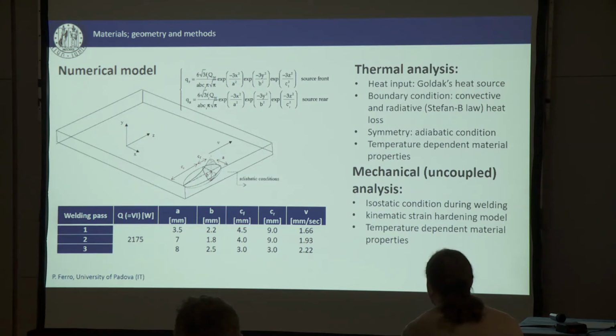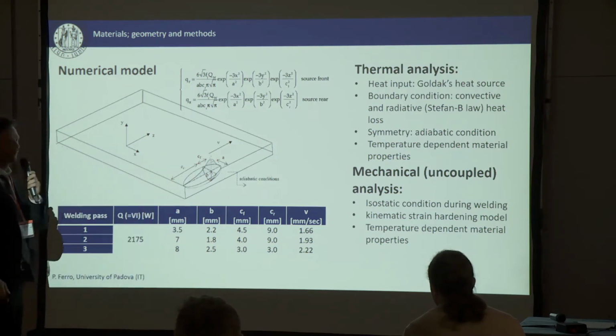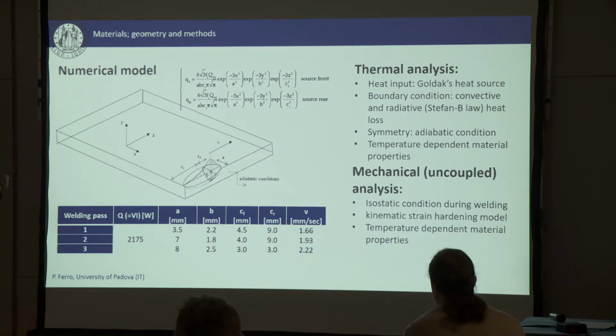The Goldak source is a power density function, as you can see in this picture, that travels along the weld line. And this is the equation of the Goldak source. It is a very classical source used for simulation of arc welding processes in general.